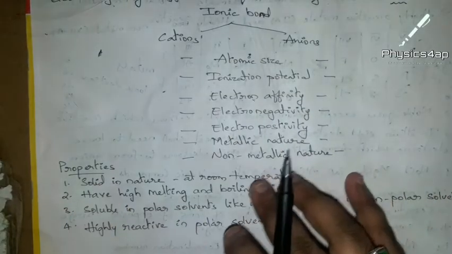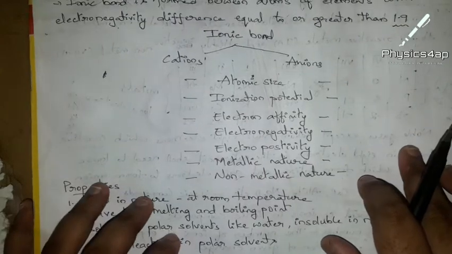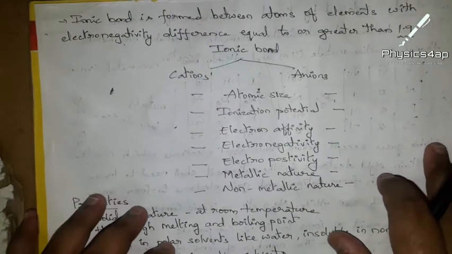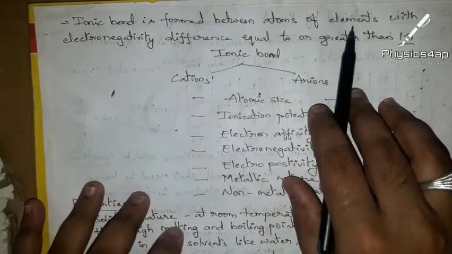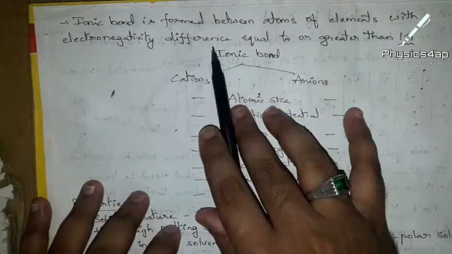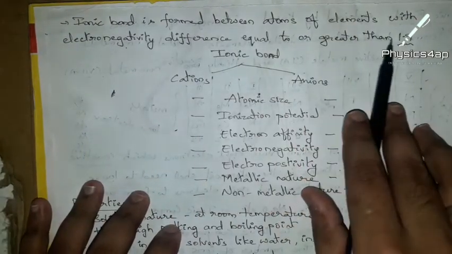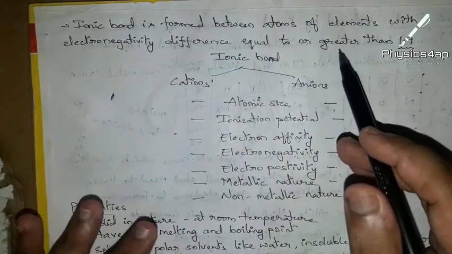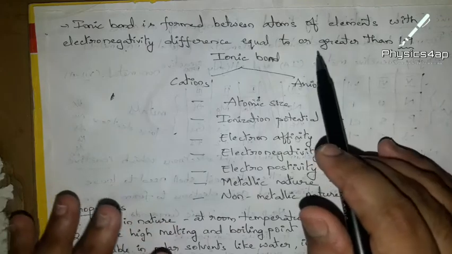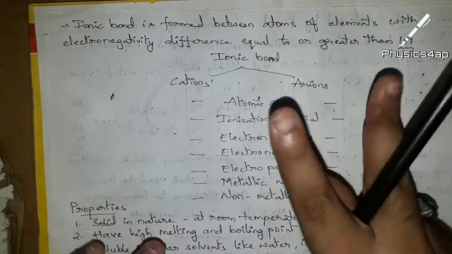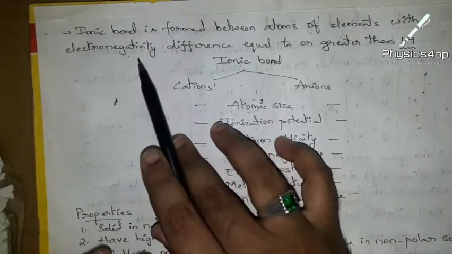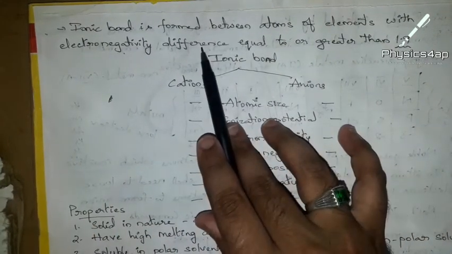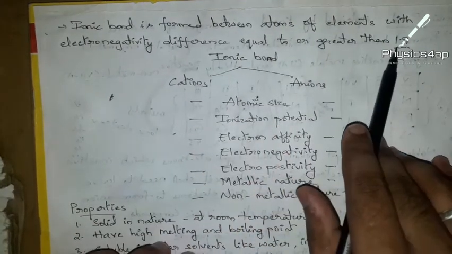We have the ionic bond formation and some of its properties. An ionic bond is formed between two elements which have an electronegativity difference equal to or greater than 1.9. If we take two elements like Na and Cl, or Mg and O, or any other two elements, the electronegativity difference should be equal to or greater than 1.9.